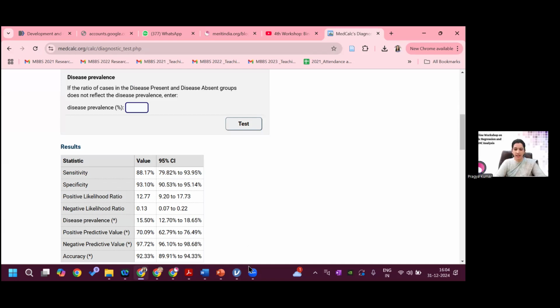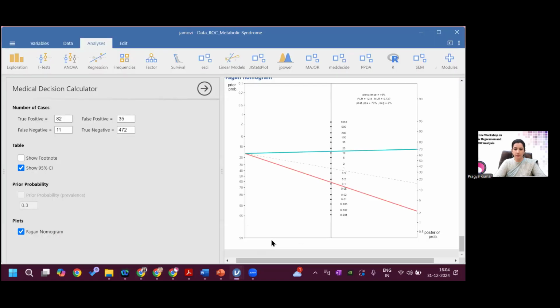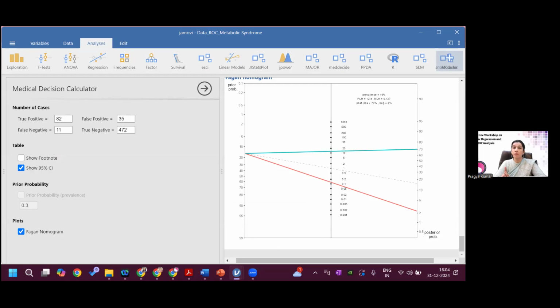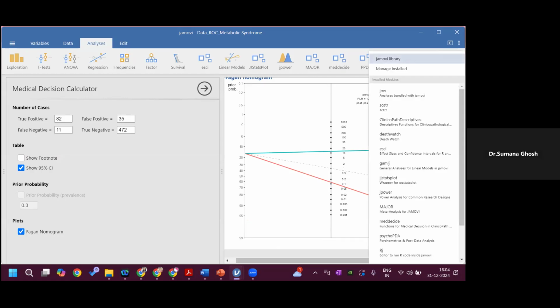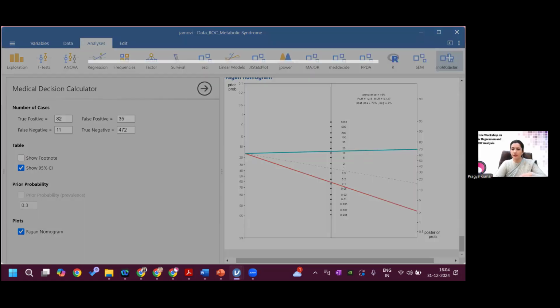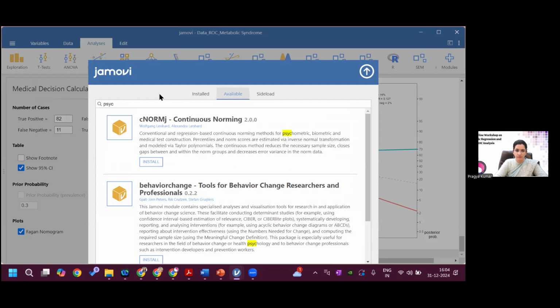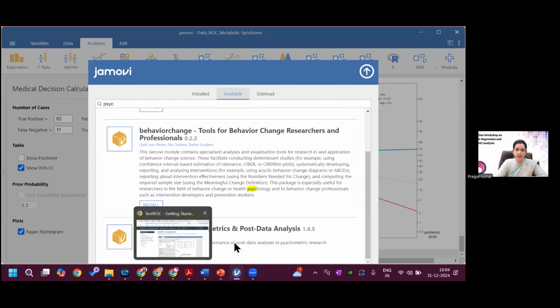Anybody who has any other query before we go to the breakout room? Else, Dr. Sumana? How to download this PPDA and the med-decide? Plus module. Open your version 2.8 Jamovi. Go to plus, go to library, type psycho, and then go down, you can see this psycho-PDA, psychometrics.